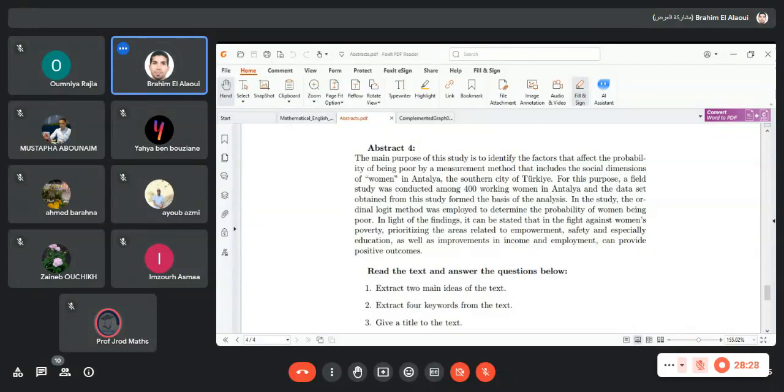Another one. Yes, Rajia. For the first question, I will say: recognize the factors that influence the probability of women being poor in Antalya. The second main idea is the solution for fighting against women's poverty.